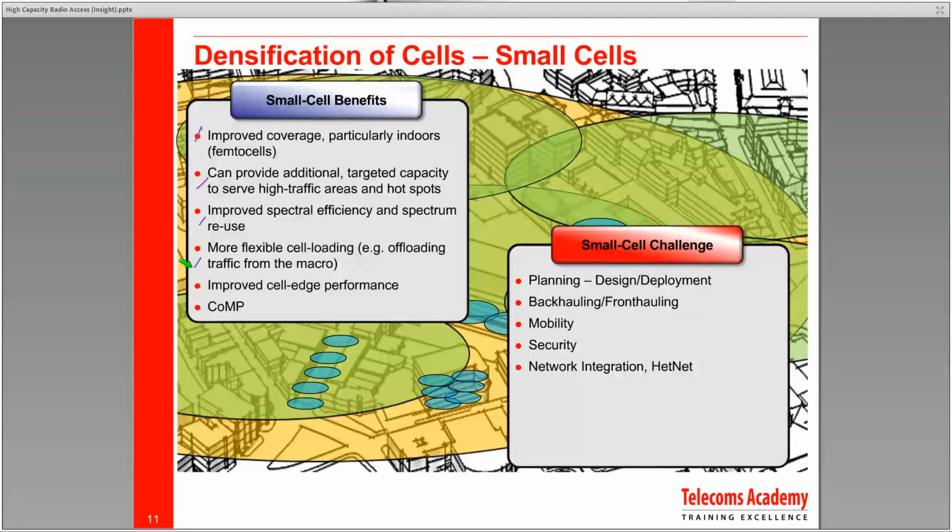We mentioned things like traffic offloading. It will improve cell edge performance. Sure, if we're using small cells as a mechanism of improving, say, a micro cell, so we're actually placing small cells at the edge of our macro or micro cells, then sure, we're improving what would originally be perceived as the cell edge performance.